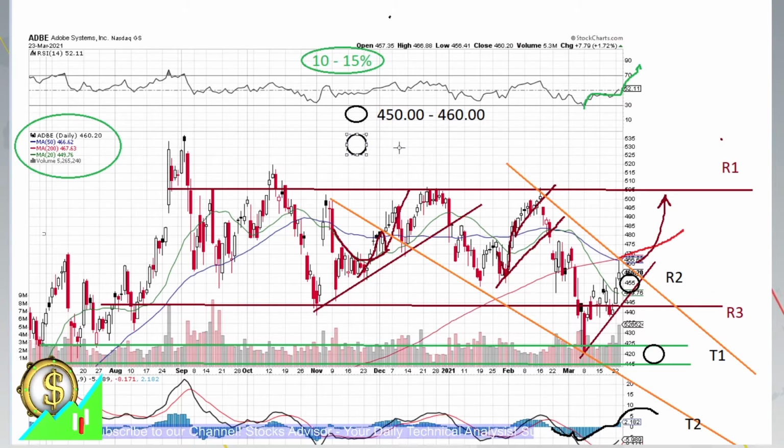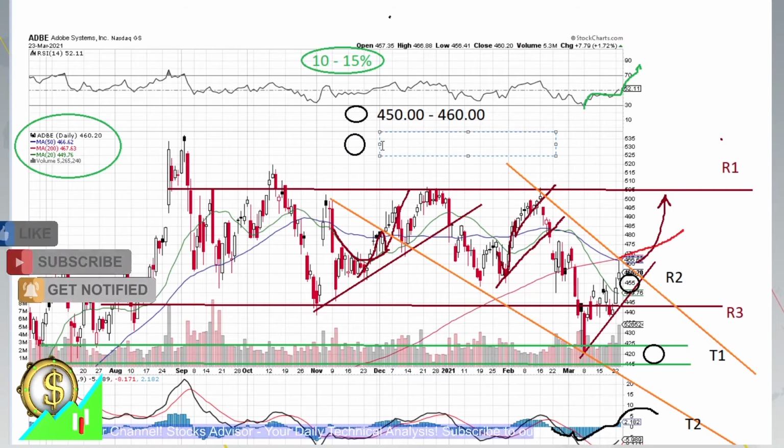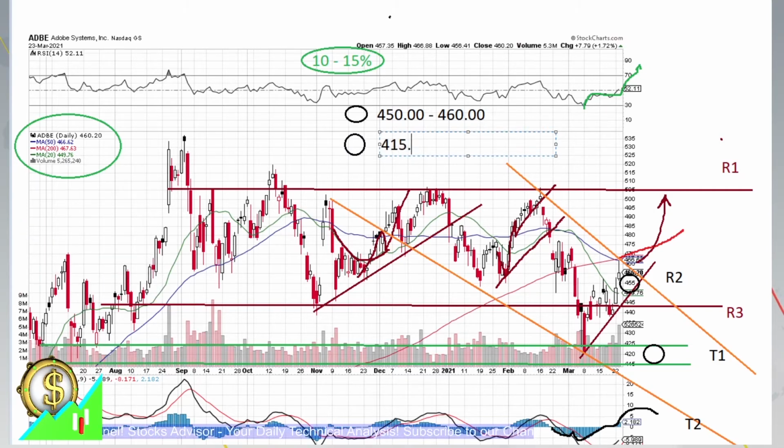But if the formation of T1, T2 is confirmed, then you can easily wait there and re-enter. So this will be between 415 all the way to 425. And then again, whenever the rebound takes place, you can take your profit, 10 to 15% from the funds allocated in this position, and then enjoy it.